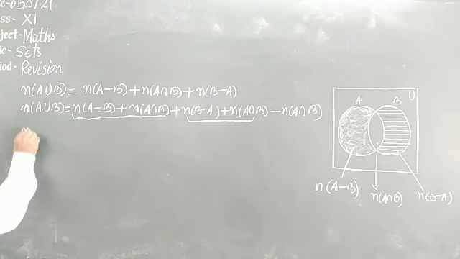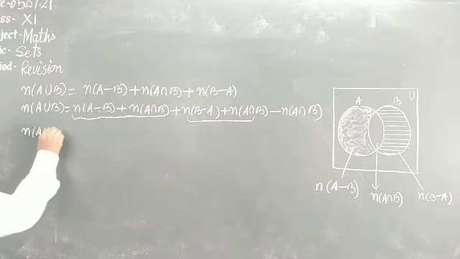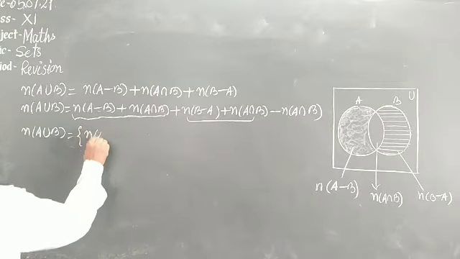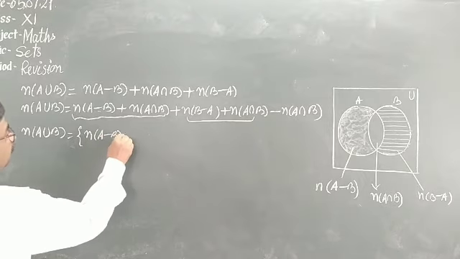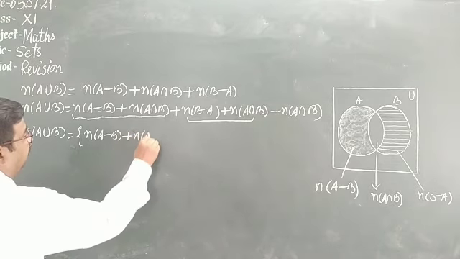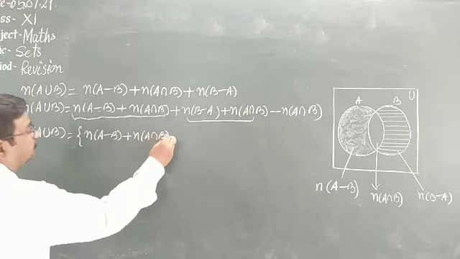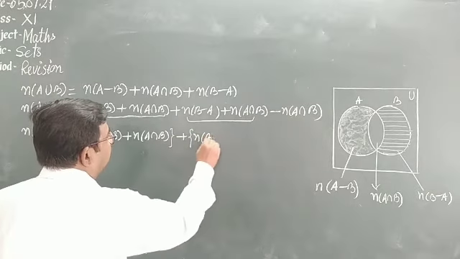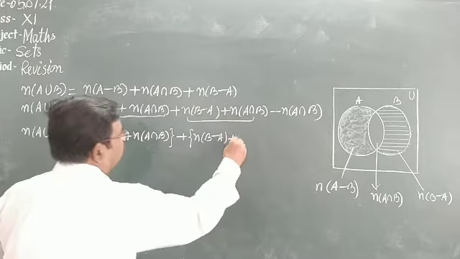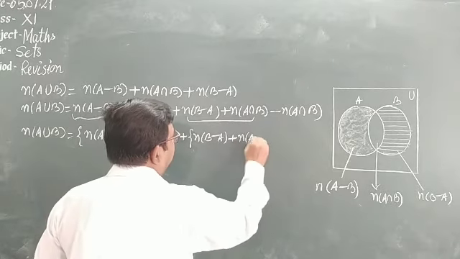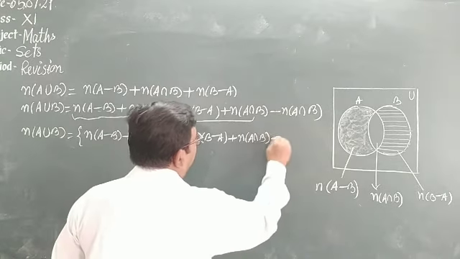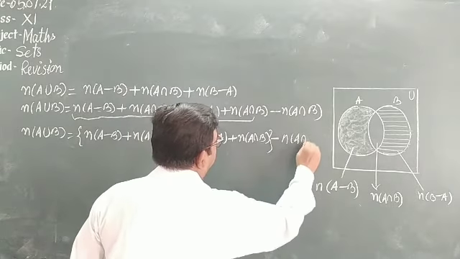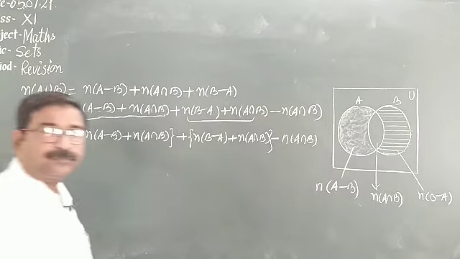N(A union B) is N(A minus B) plus N(A intersection B) together, plus N(B minus A) plus N(A intersection B) together, minus N(A intersection B), which is left.